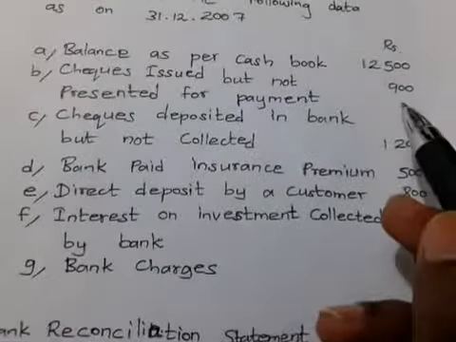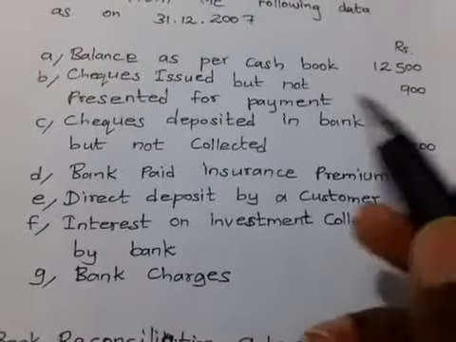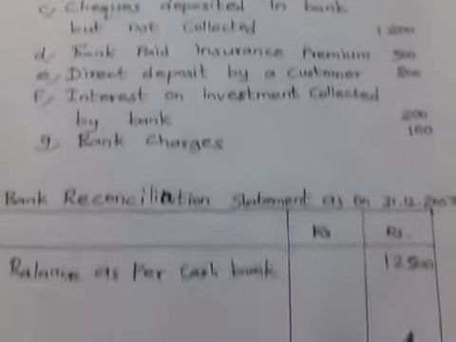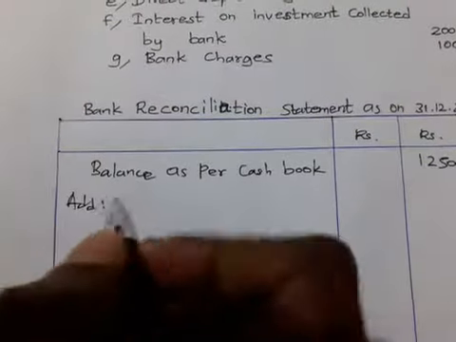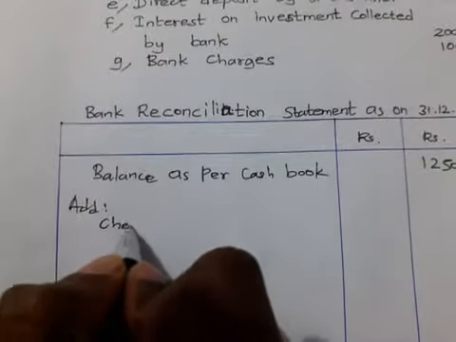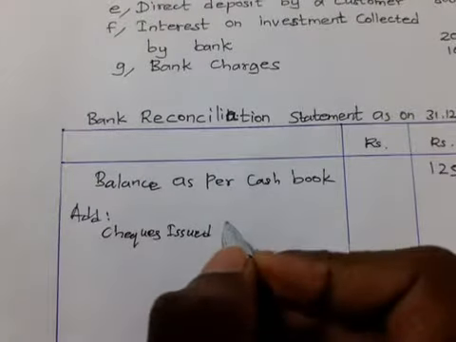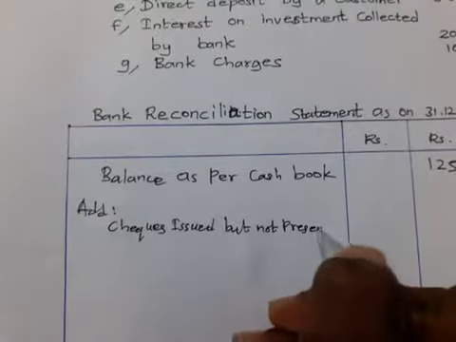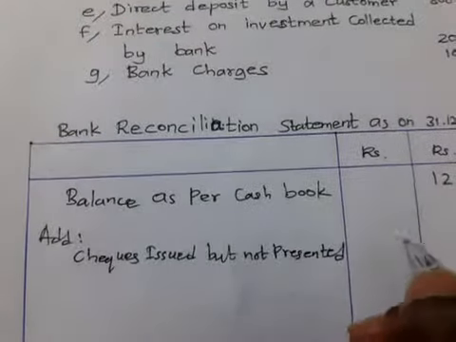So we have to add this 900 to find out the passbook balance, because it's not deducted from the passbook, as it's not presented for payment till now. $900.